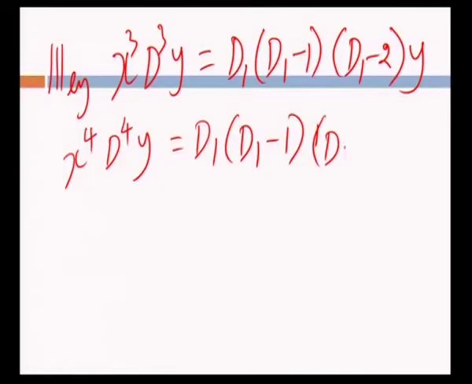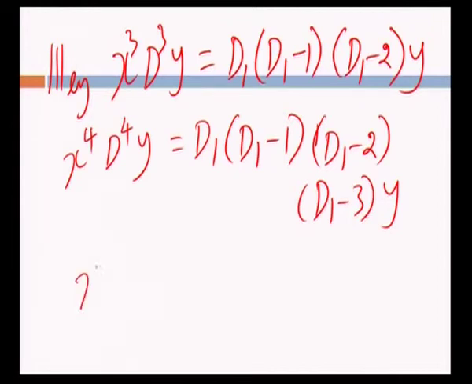Like that we can write for x power 4 D power 4 y, which is equal to D1 into D1 minus 1 then D1 minus 2 into D1 minus 3 into y. Like that we can write till the nth one.